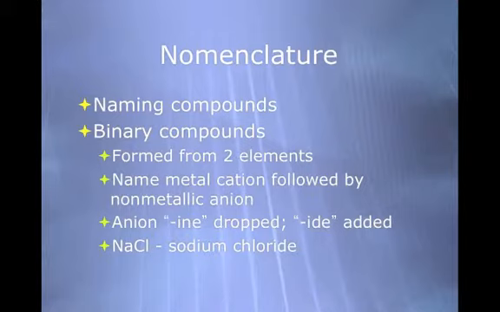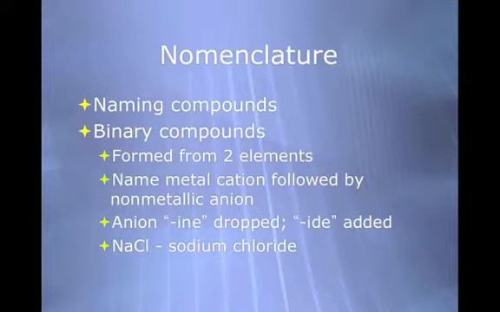Now if we're given a formula and you want to name the compound, there's a couple different rules that we'll use. Binary compounds, you know what binary would probably mean? 2. So it's formed from 2 elements. You would name the metal cation, and the cation's names do not change.